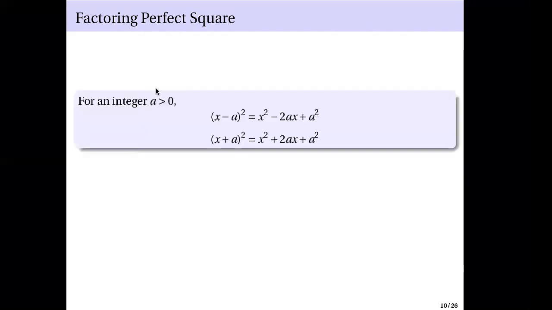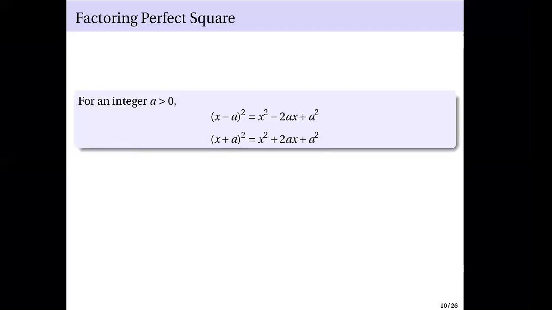Now recall, for an integer a greater than 0, you have (x minus a) squared. This is equal to x squared minus 2ax plus a squared. So from the left-hand side going to the right-hand side, you just square it. And here you have (x plus a) squared, which is equal to x squared plus 2ax plus a squared.